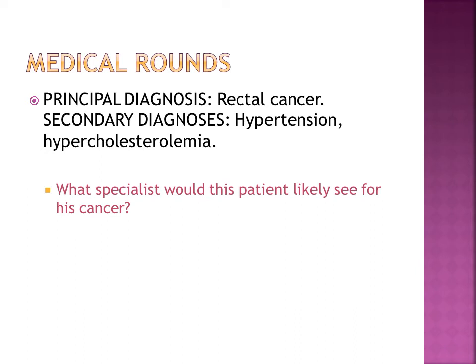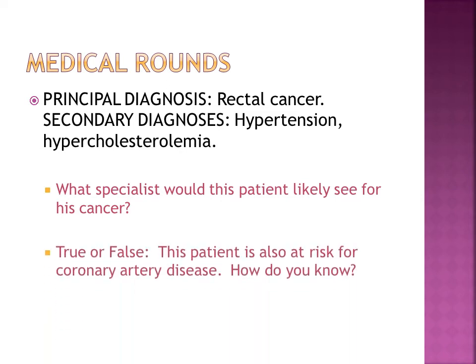Principal diagnosis: rectal cancer. Secondary diagnoses: hypertension, hypercholesterolemia. What specialist would this patient likely see for his cancer? Oncologist is a cancer specialist. Onco refers to mass or tumor. Logi is the study of. True or false?